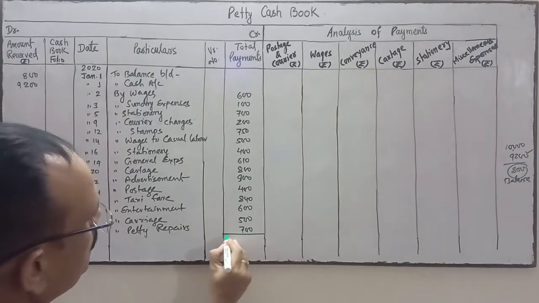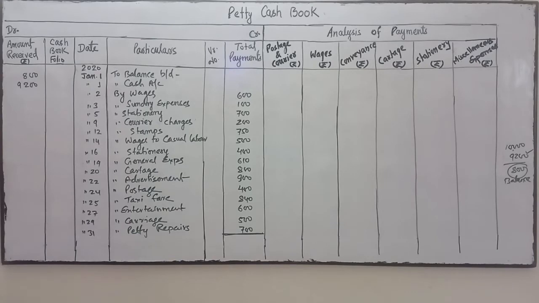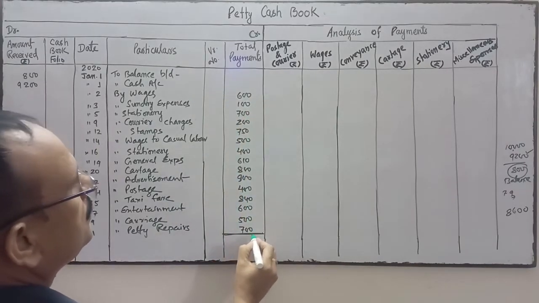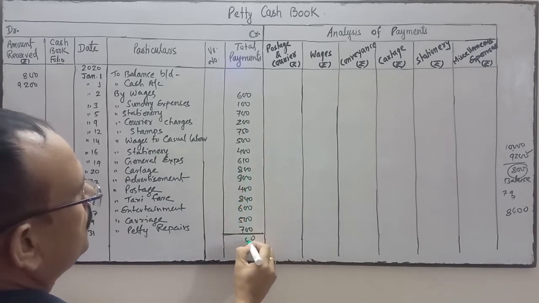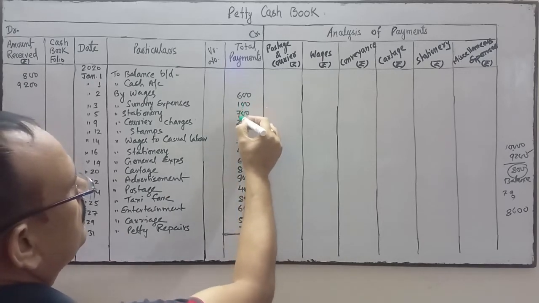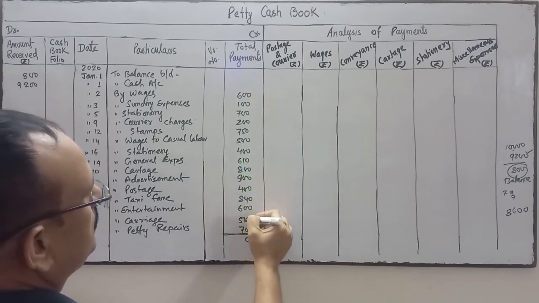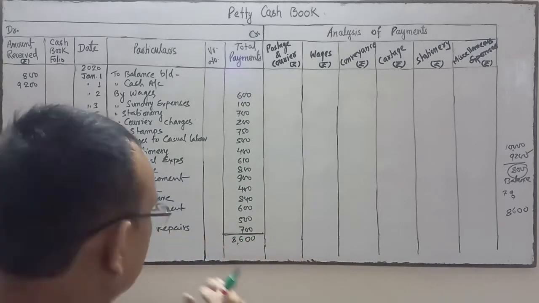We'll do the total of the payment side first. It is 8,600.